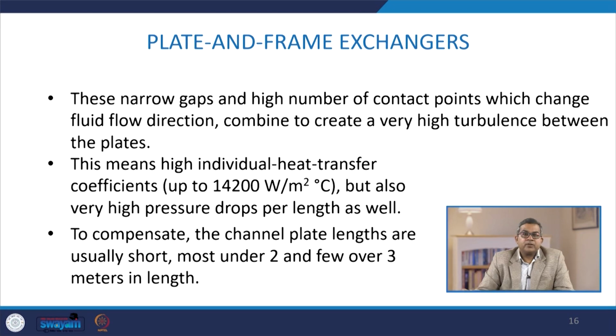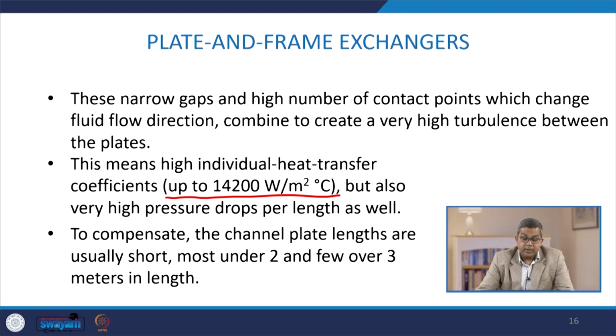The inference of this is a high individual heat transfer coefficient, sometimes up to 14,200 watt per meter square degree Celsius, but it also creates a very high pressure drop per length.